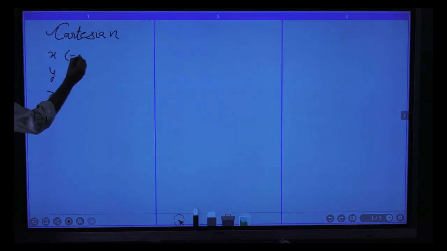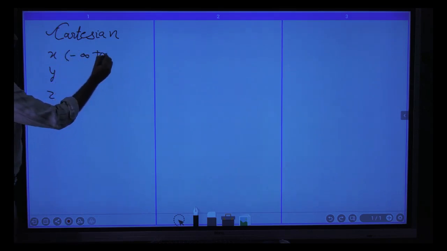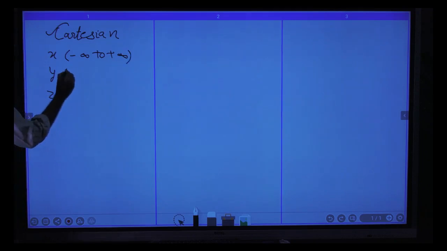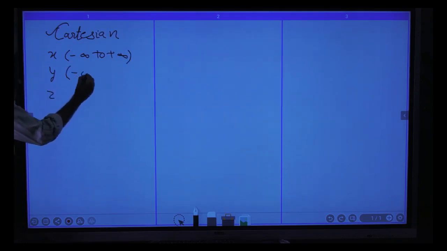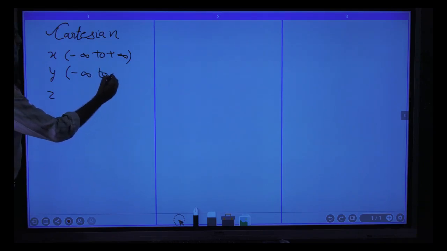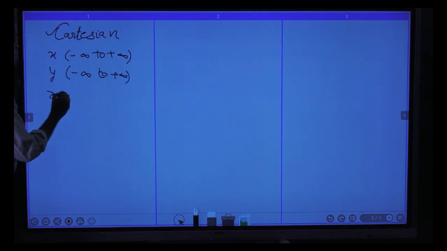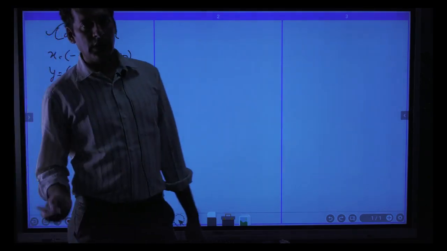For x the limits are from minus infinity to plus infinity. For y we have the same limits, minus infinity to plus infinity, and for z also minus infinity to plus infinity.